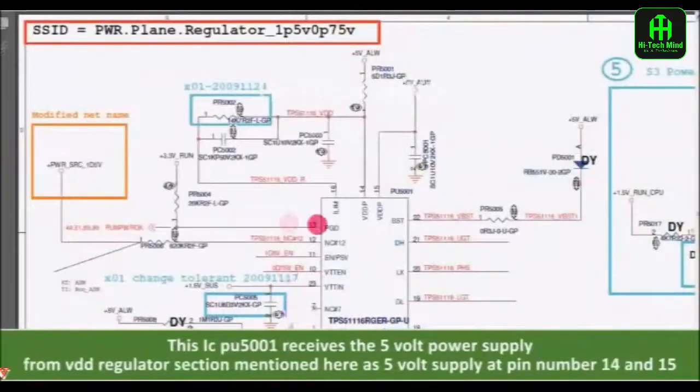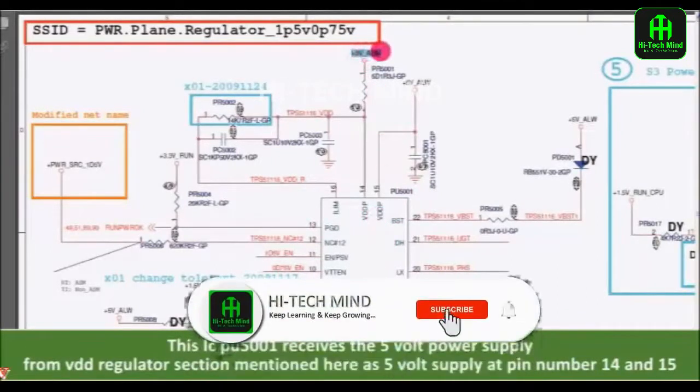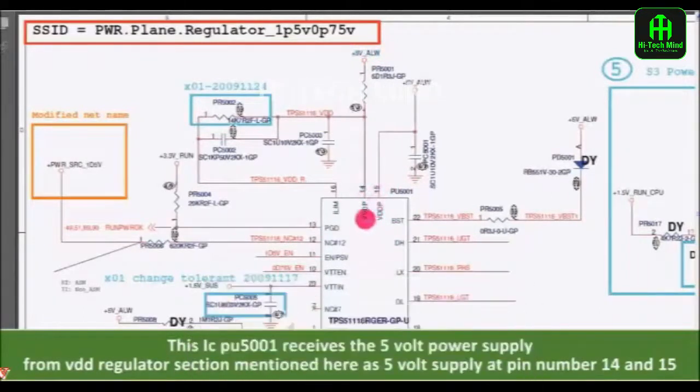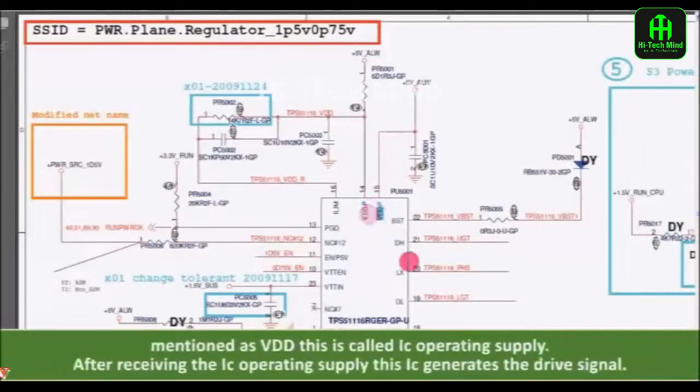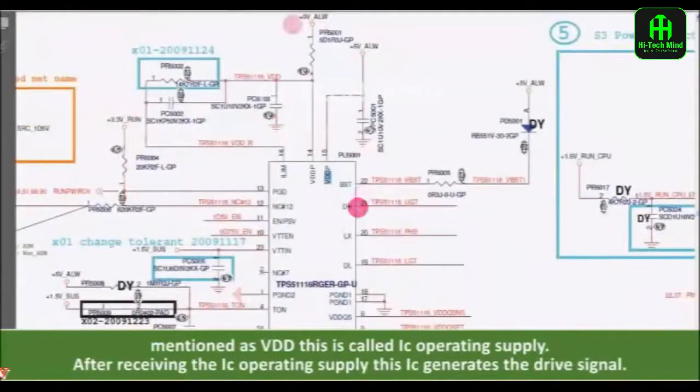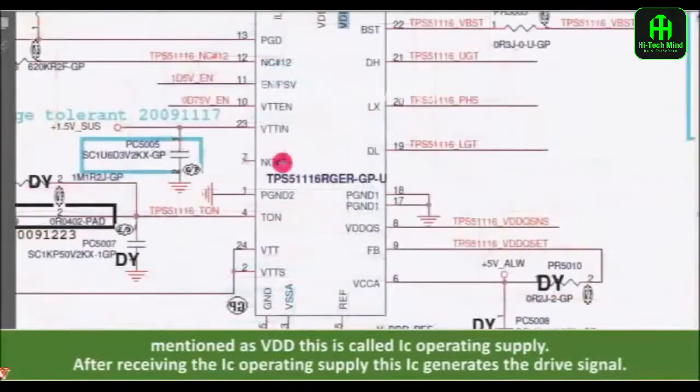This IC PU 5001 receives the 5 volt power supply from the VDD regulator section, mentioned here as 5 volt supply, at pin number 14 and 15, mentioned as VDD. This is called the IC operating supply. After receiving the IC operating supply, this IC generates the drive signal.